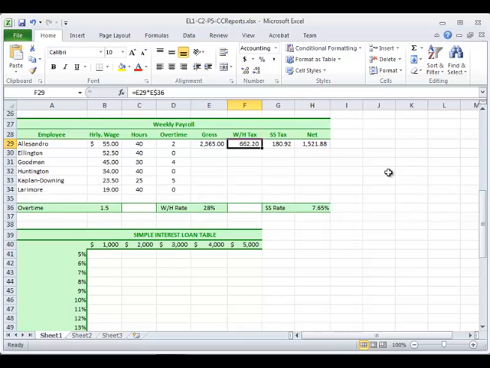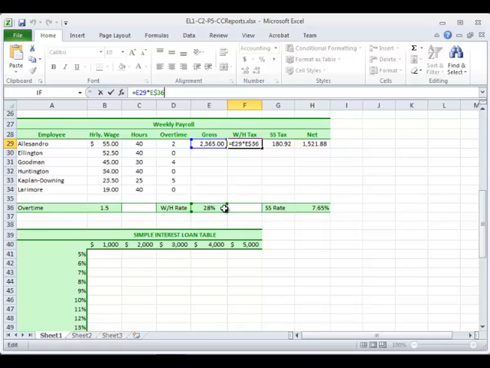let's see, that is the tax withheld. So this, for example, is federal tax or state tax, so you want to withhold the tax. So that's calculated with the gross pay, that's E29, and then you multiply that by the percentage of, let's say, federal and state combined tax rate.